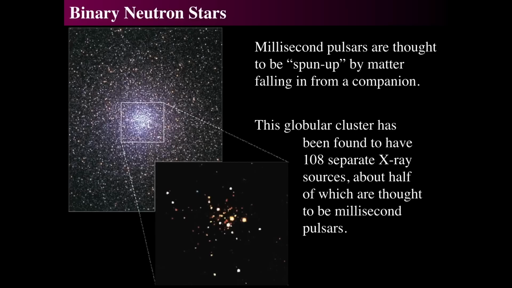All right, so maybe in that dense stellar environment of a globular cluster, two of the neutron stars can get close enough to collide.